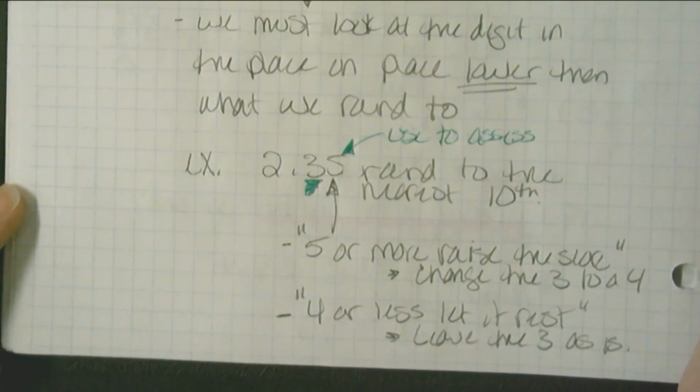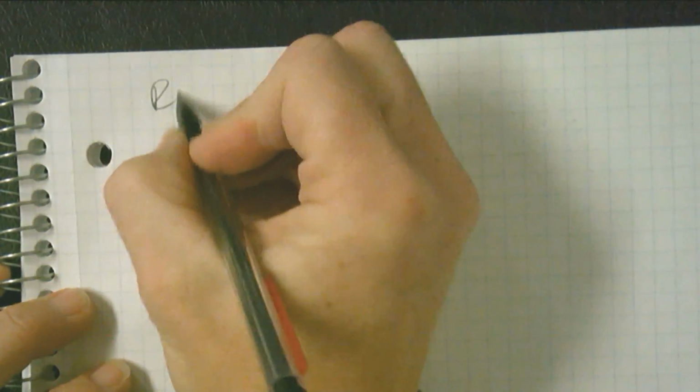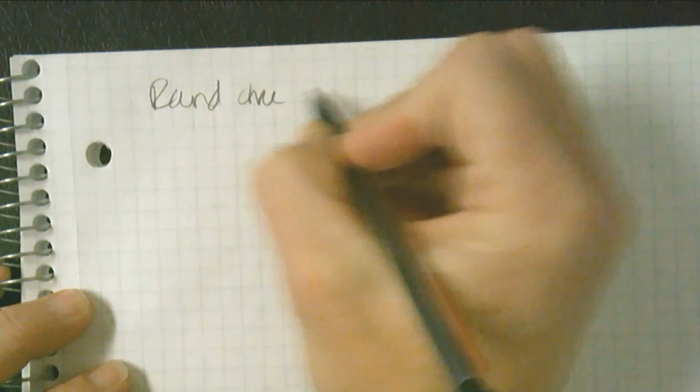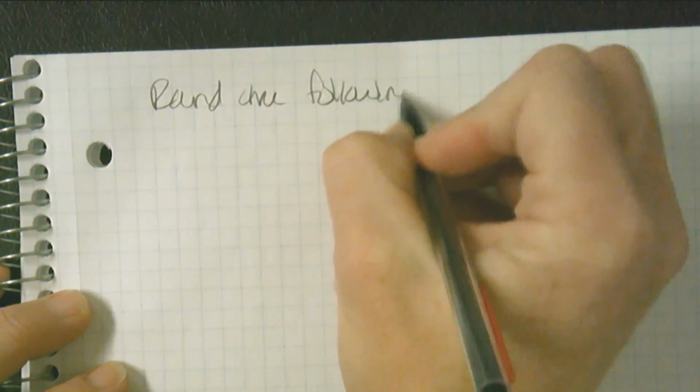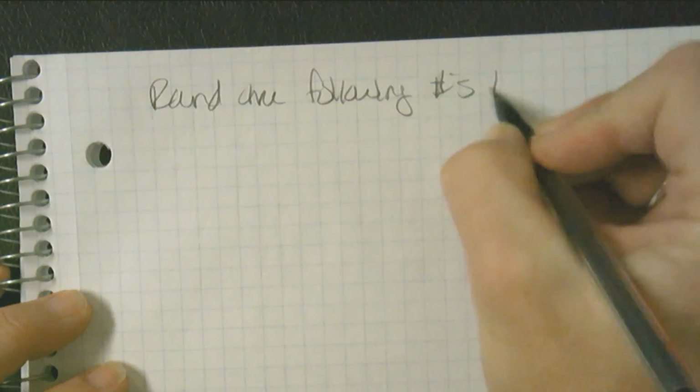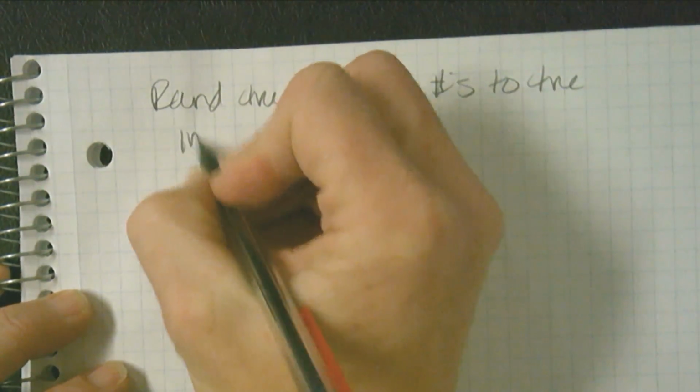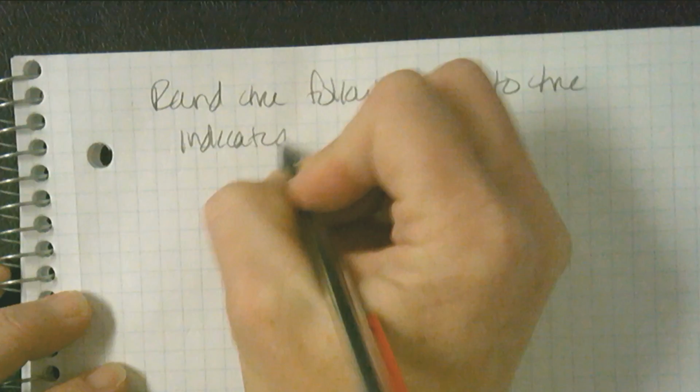All right, I'm going to put a couple of them on there. I want you to round this, and then we're going to move on, because I feel like rounding is the easiest of them all. All right, so I want to round the following numbers to the indicated place value.